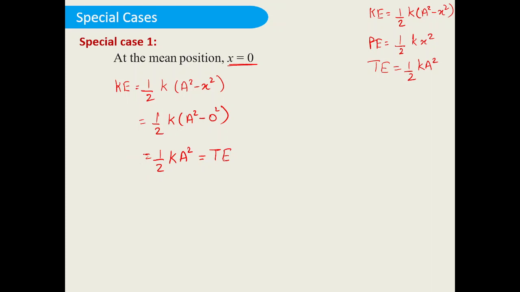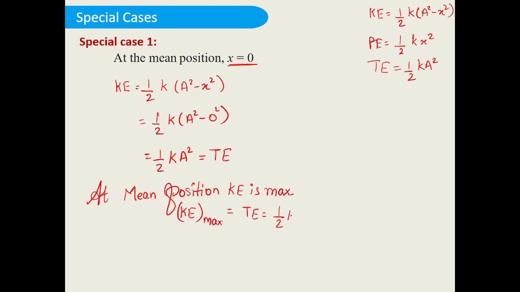That means at mean position kinetic energy is maximum, and the maximum kinetic energy is the total energy, half k a square.